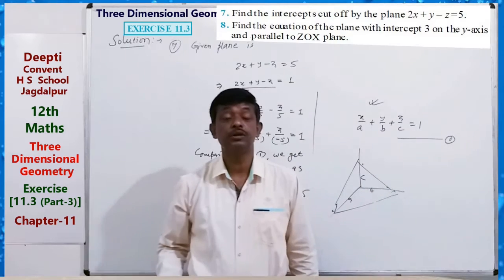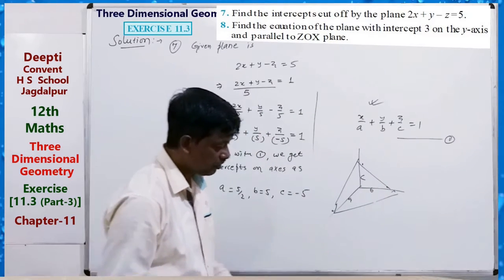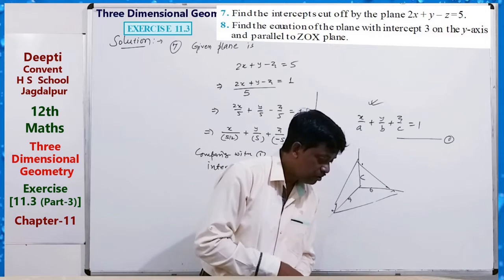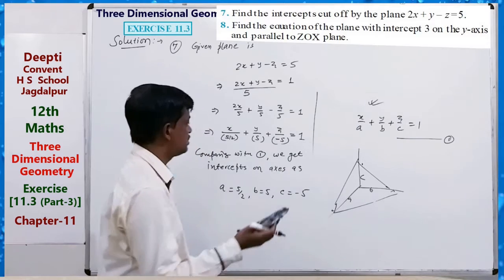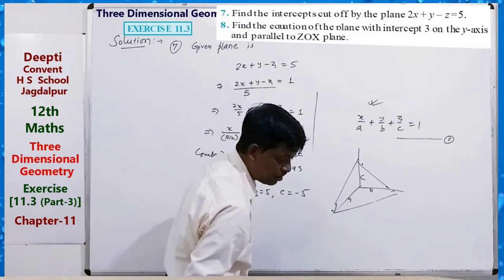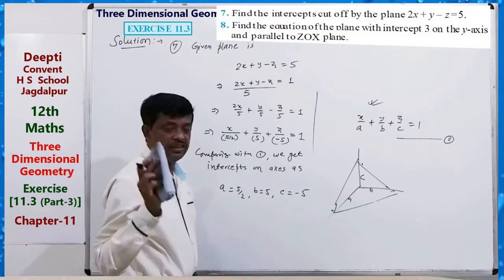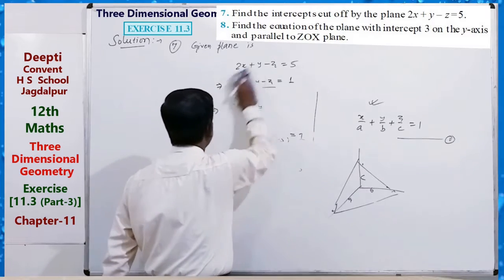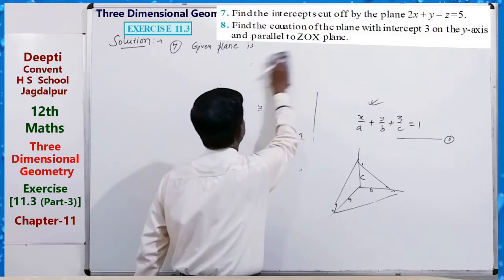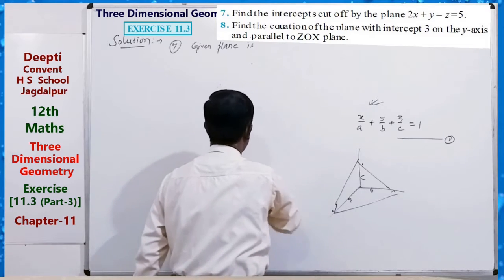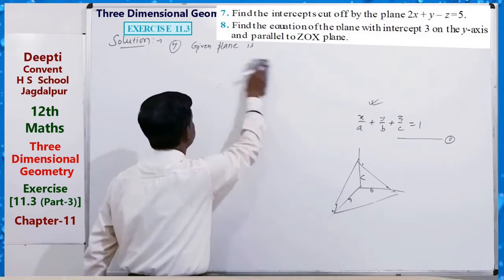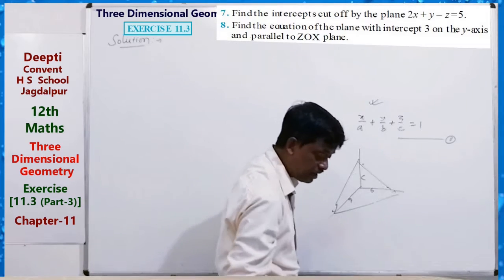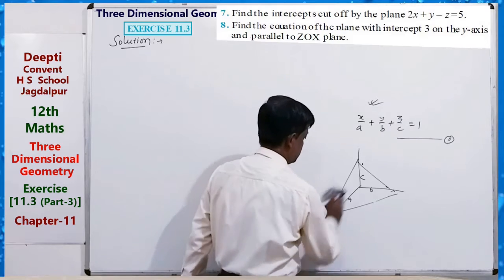We have to find the equation of the plane. The intercept is 3 on the y-axis, and the plane is also parallel to the ZOX plane.